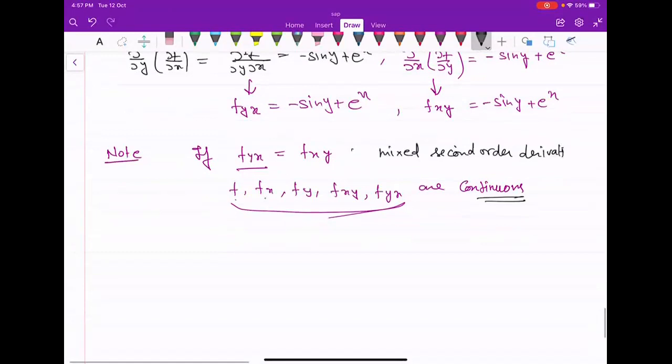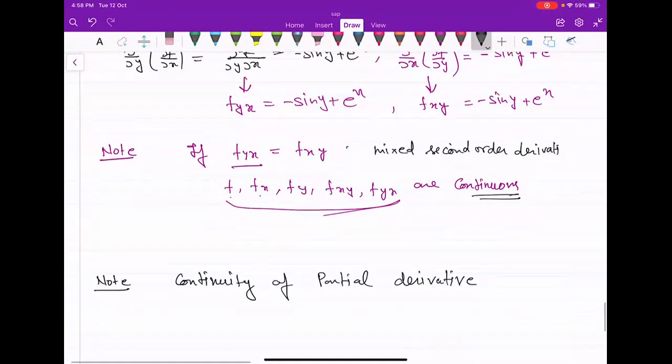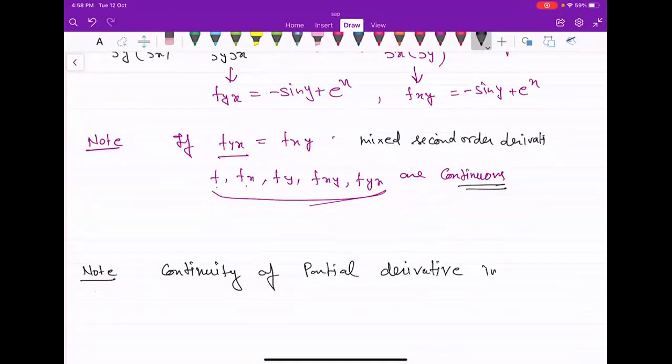One more note, one more thing that you should understand: continuity of partial derivatives implies differentiability. This is important.